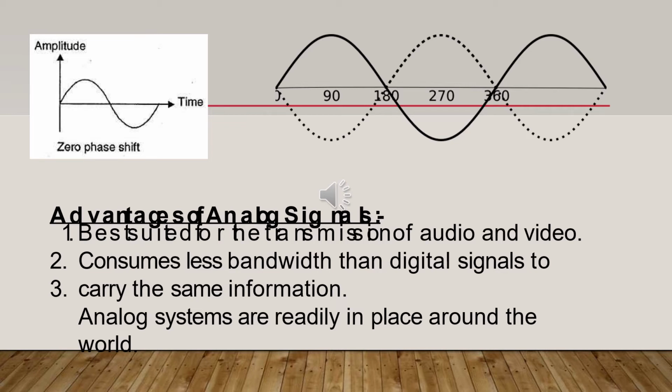If you are talking about bandwidth, you are talking about the speed basically, right? So it needs less bandwidth in comparison to digital signals and carries the same information. Analog systems are readily in place around the world. It means everyone is using analog systems.